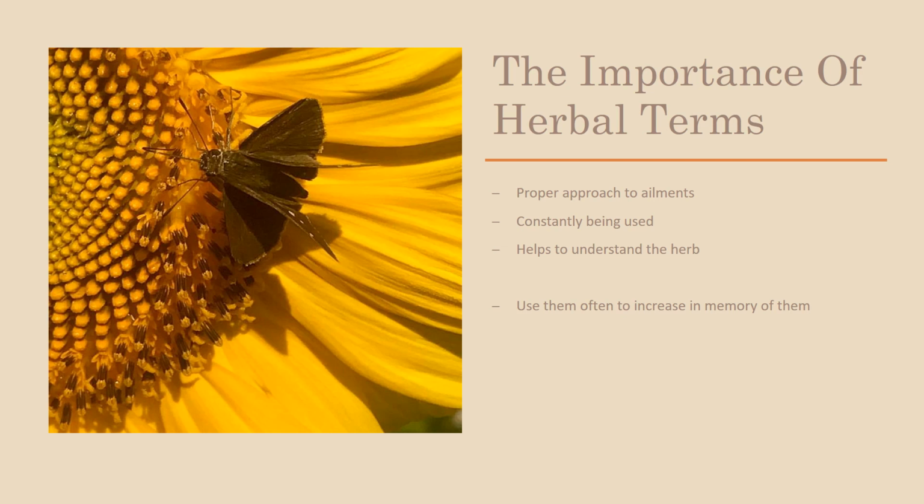And that's the importance of learning the herbal terms, because you'll come into terms like this herb is antispasmodic, this herb is an adaptogen, this herb is a nervine, and things like that. And you'll understand what it means because you learned the terms, because they do not go away. You will find that you will be constantly running into these terms all throughout your herbal journey, throughout your herbal books, in other herbal classes as well.